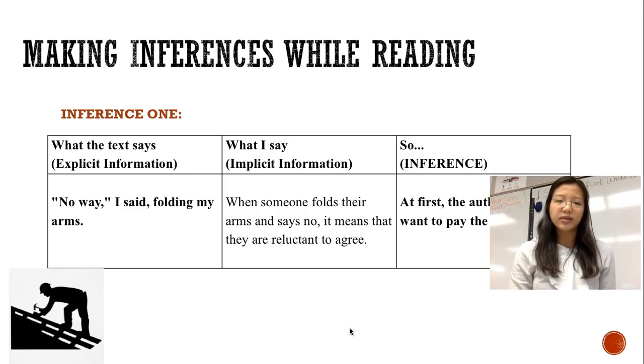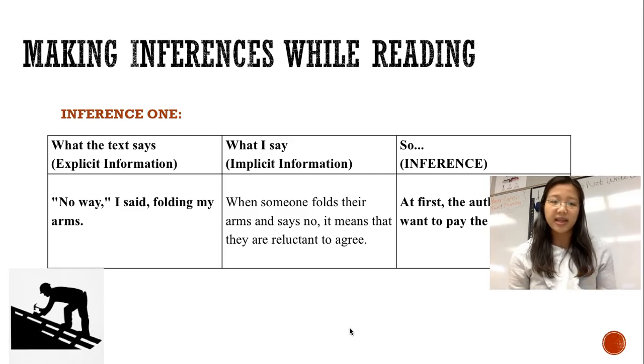Now when we see that someone's folding their arms and shakes their head and says no, it usually means that he or she is reluctant to agree. And by combining the explicit information and implicit information, we come to our inference. We can see that at first, the author did not want to pay the extra $1,000. So that's one inference that we can make based on this passage. Note that we can always make more than one inference based on a passage as long as there is evidence to provide.